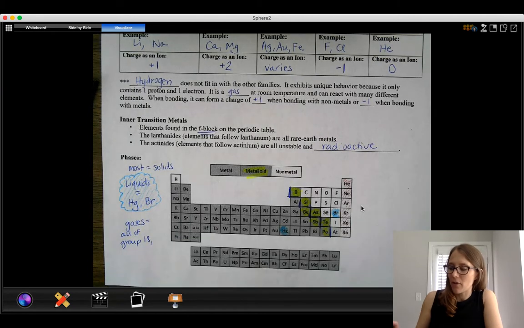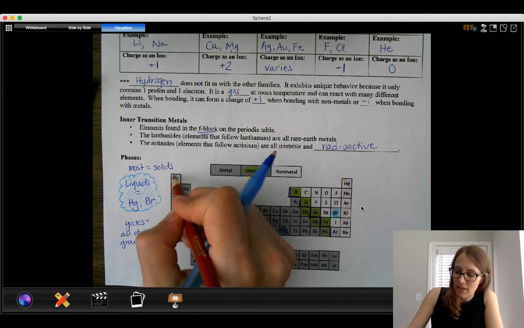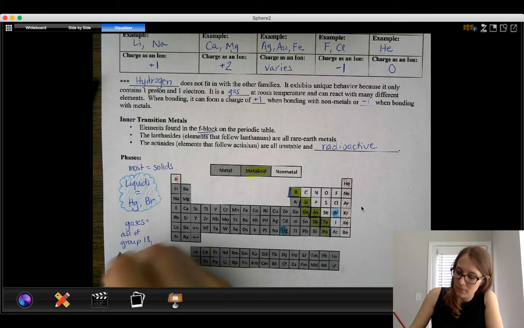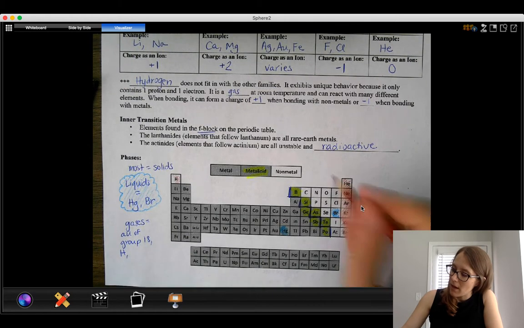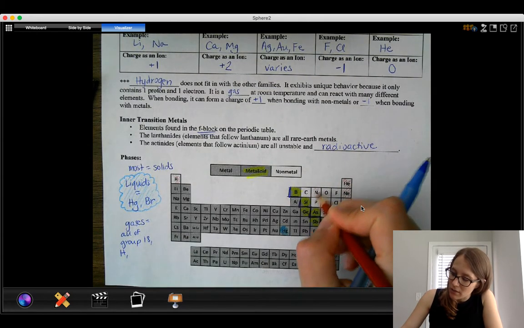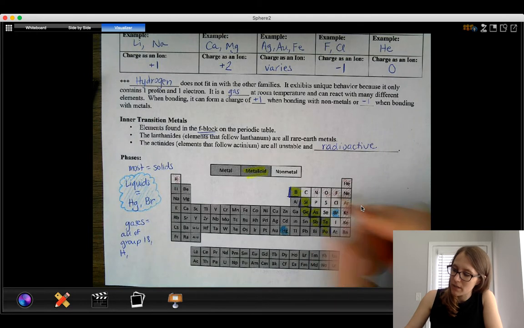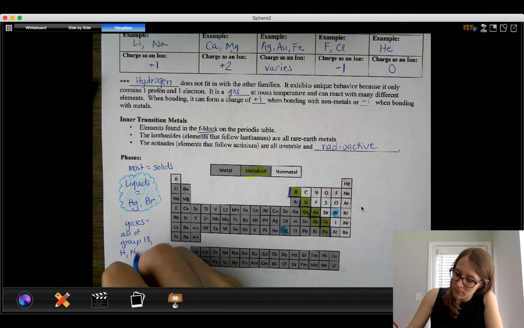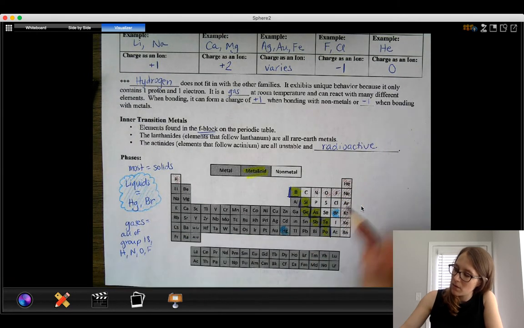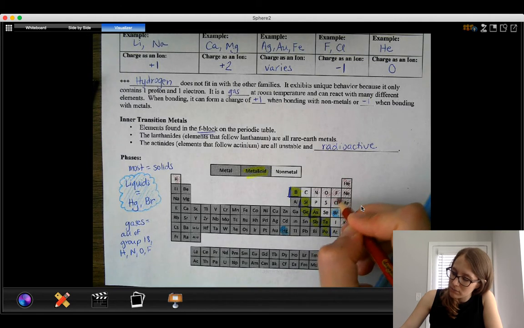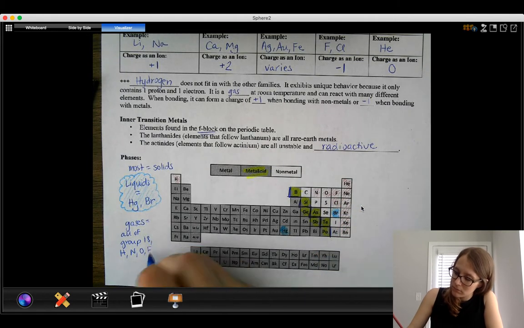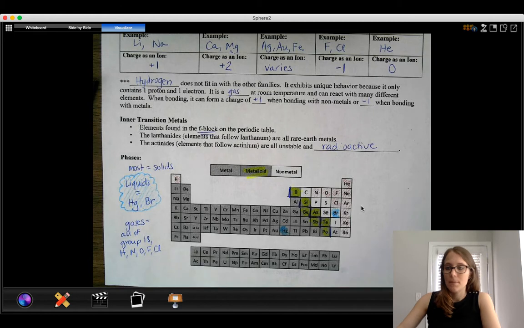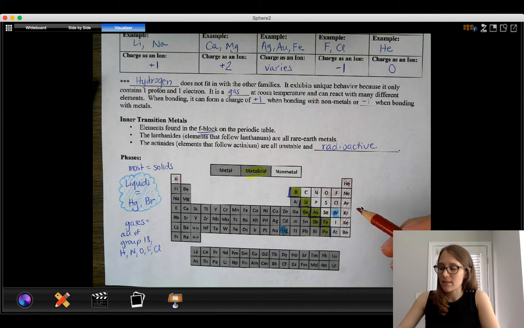And then a couple of other elements are gases as well. That's hydrogen. And then over here, nitrogen, oxygen, and fluorine. Chlorine. So those are our main elements that are going to be gases at room temperature. So we just kind of have a handful of them there.